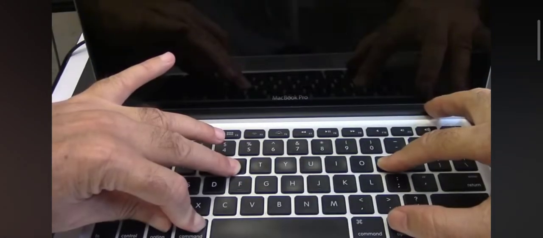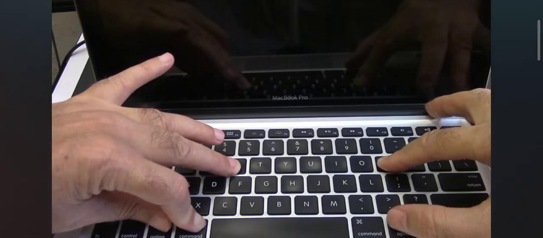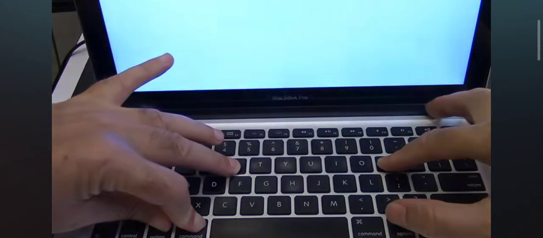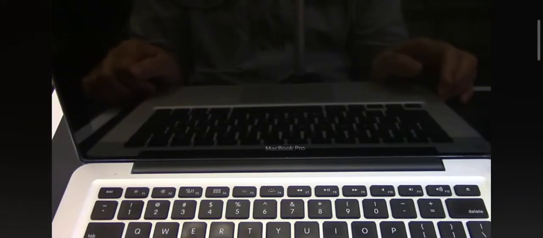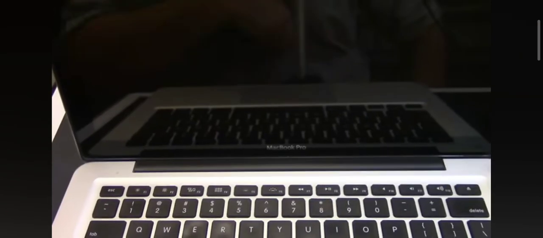You hear the chime, and for the third time the computer is getting restarted. Now release the keys and let the computer start up.